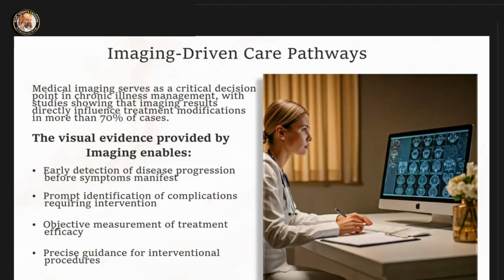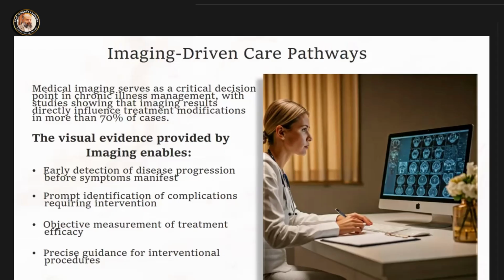So if we have imaging modalities, we can have early detection of disease progression before the symptoms appear or manifest, prompt identification of complications requiring intervention, and objective measurement of treatment efficacy.